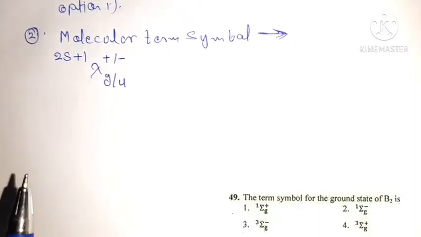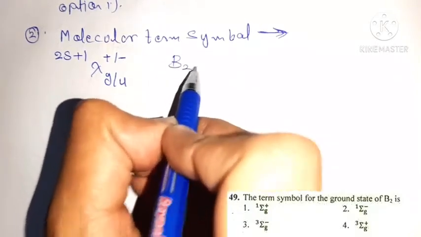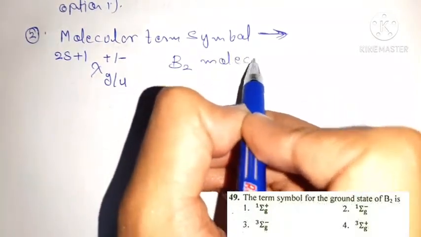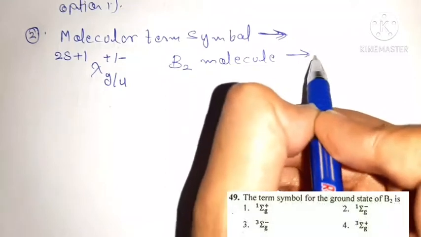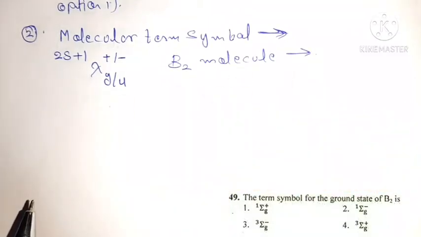Now in our question we talk about the B2 molecule. What is the electronic configuration of the B2 molecule according to molecular orbital theory?